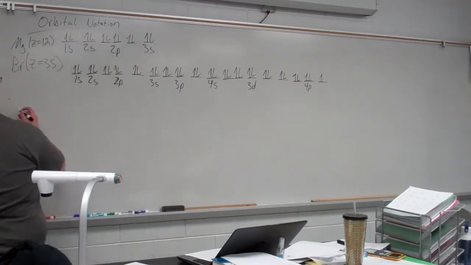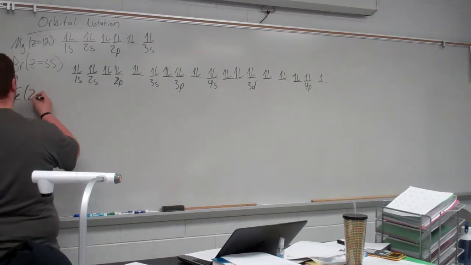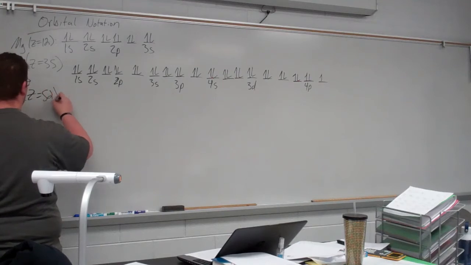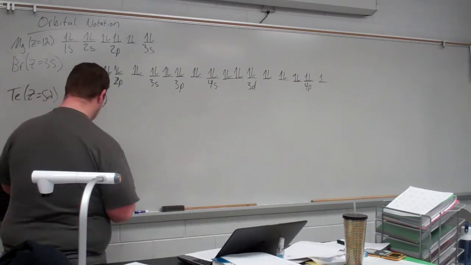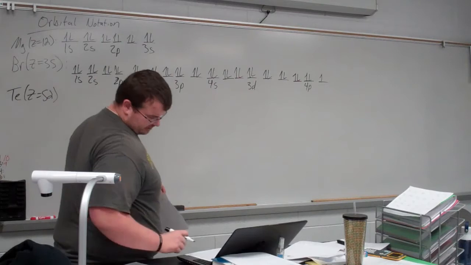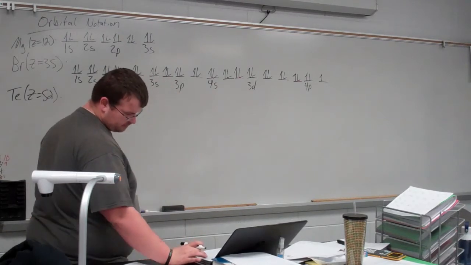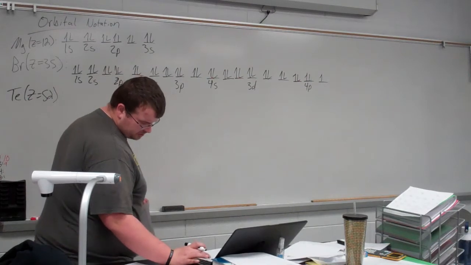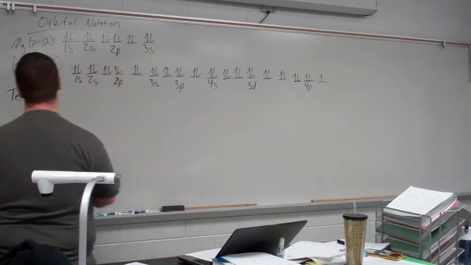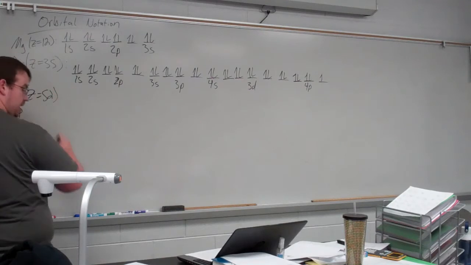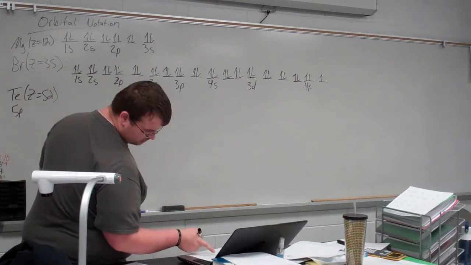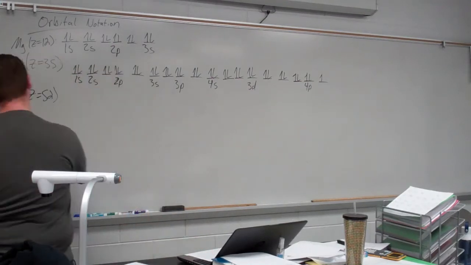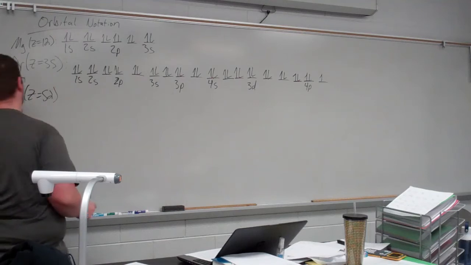Tellurium, atomic number 52. Stopping point for tellurium goes in P, 1, 2, 3, 4, 5, so 5p. And it is 1, 2, 3, 4 in, so 4 electrons I have to show.